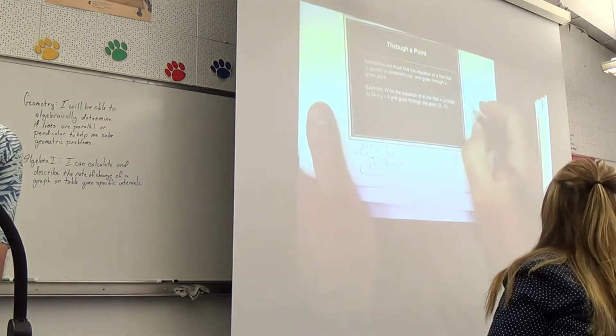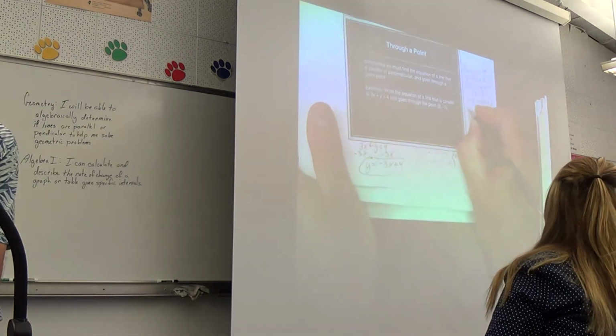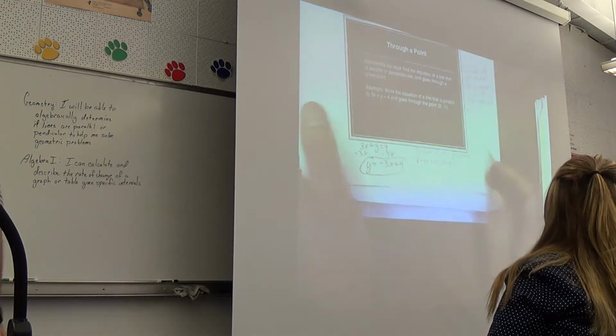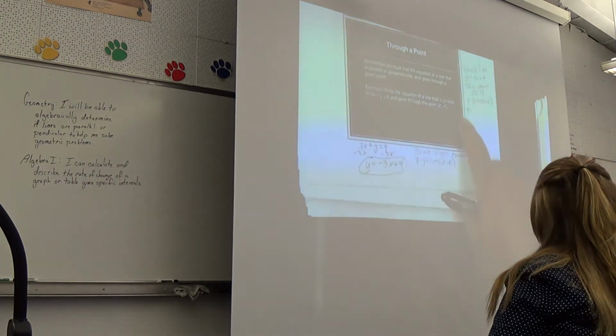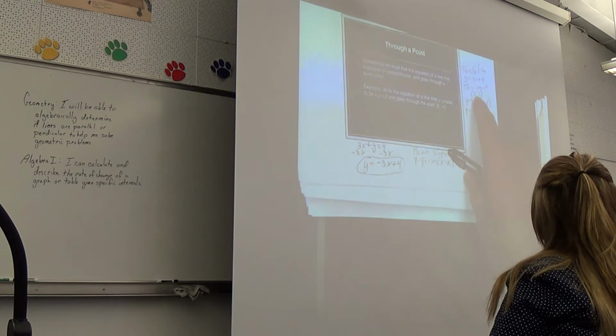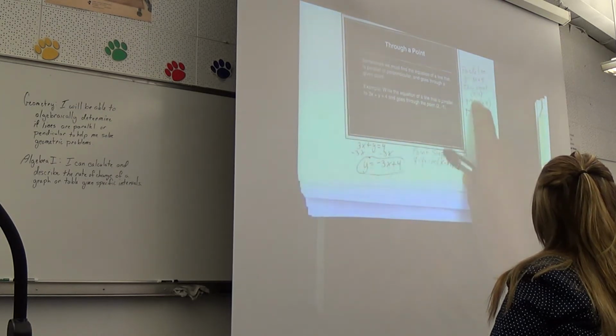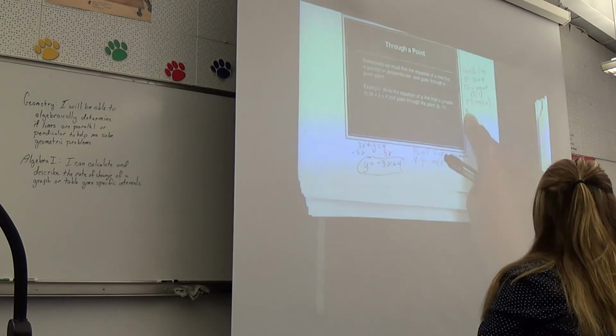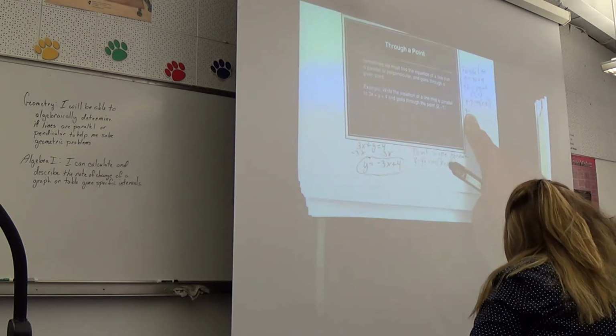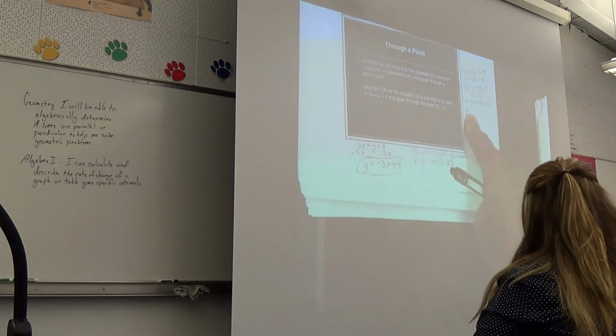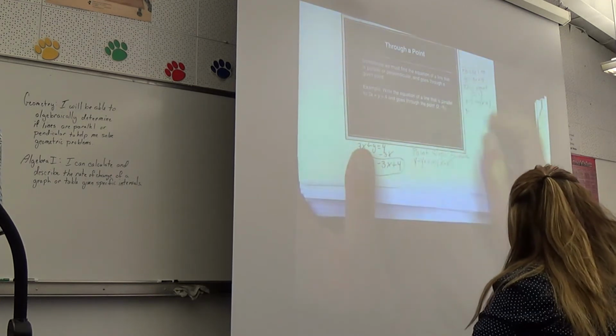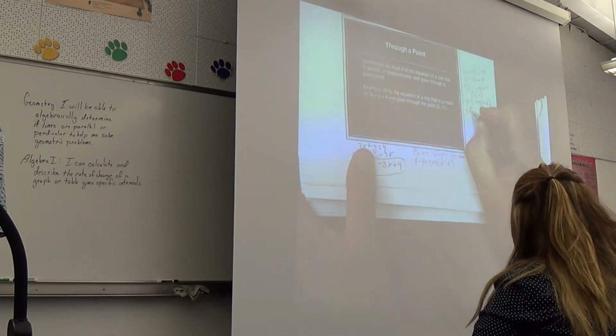So what we're going to do is replace those values. So we have y minus. The y1 value that we're going to replace with is the y value of this point. So we're going to use that negative 1. I have y minus as part of the formula, so I'm going to make sure that negative 1 goes in parentheses. Okay? So when does that turn into a positive? It will eventually, yes.